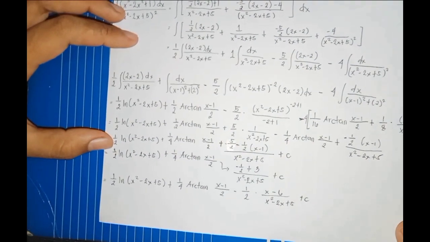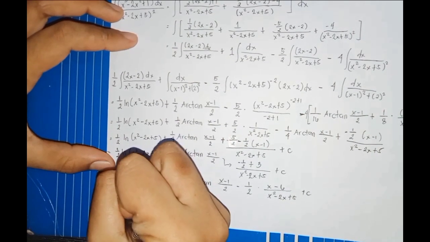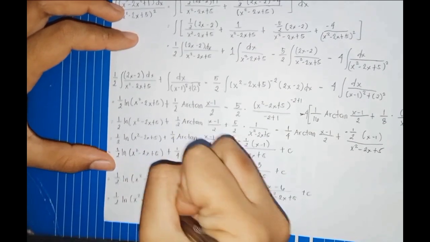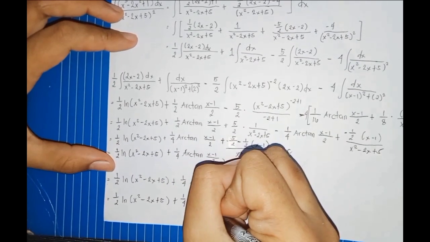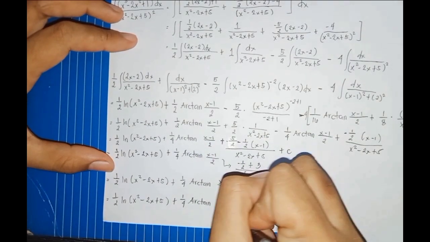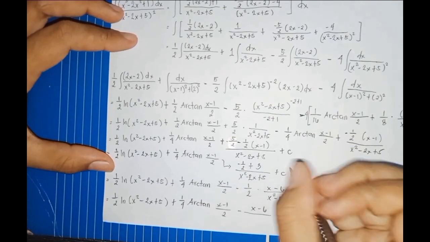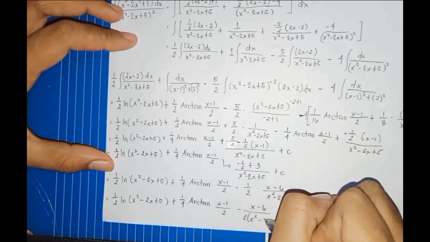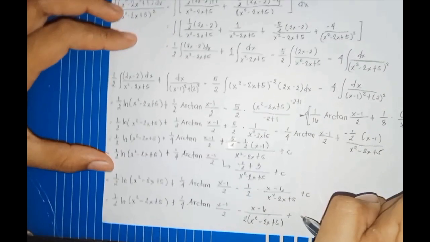So let's write our final answer. So 1/2 ln x squared minus 2x plus 5 plus 1/4 arctan x minus 1 over 2 minus 2 times x squared minus 2x plus 5 plus c.